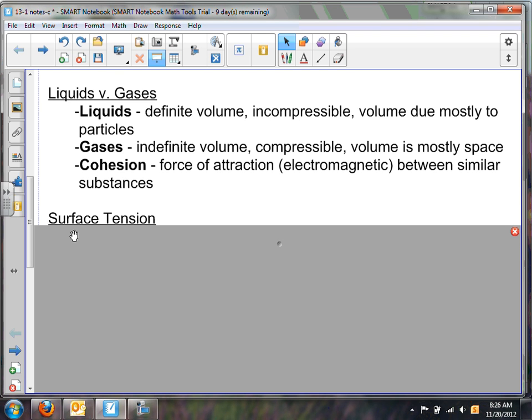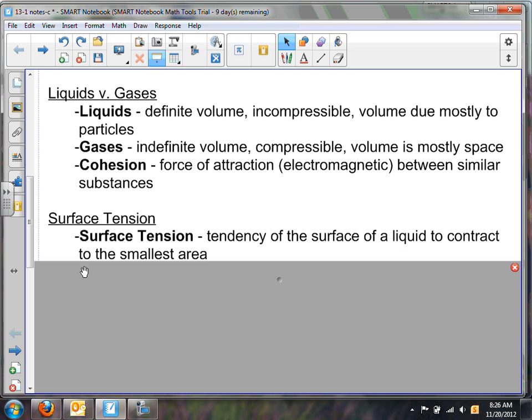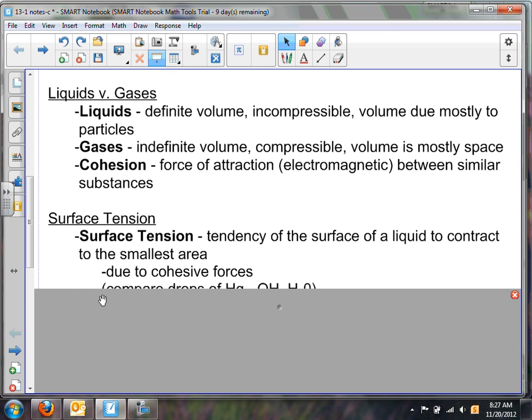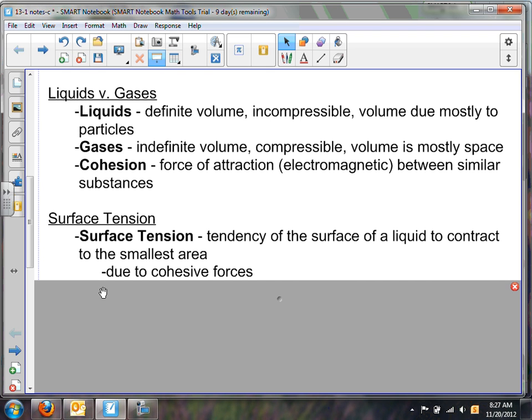Surface tension is defined as the tendency of a surface of a liquid to contract to the smallest area. And again, we talked about this term in chemistry. The main reason this happens is because of the cohesive forces, the attraction between similar substances.